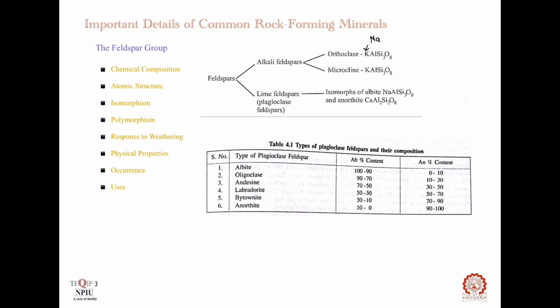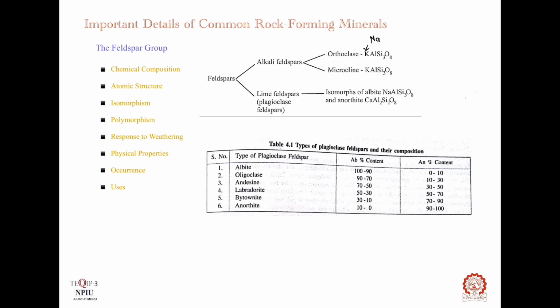Isomorphism means two minerals having the same atomic structure but different chemical composition. Here orthoclase and soda orthoclase have different chemical composition but both have the same atomic structure. In a similar way, microcline and soda microcline both have the same atomic structure and different chemical composition.